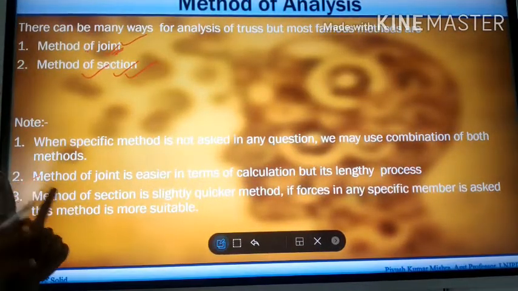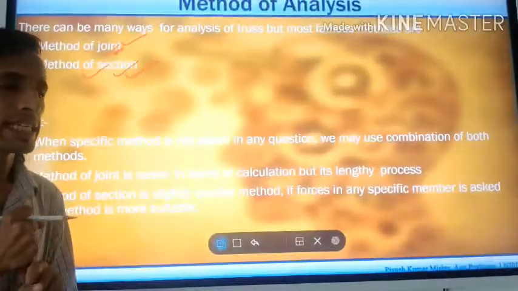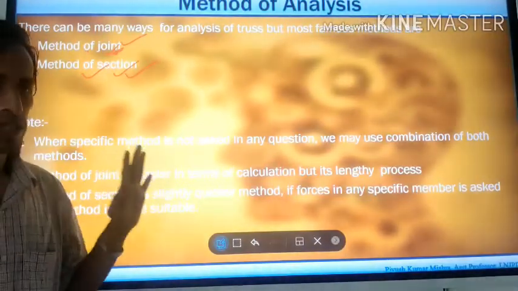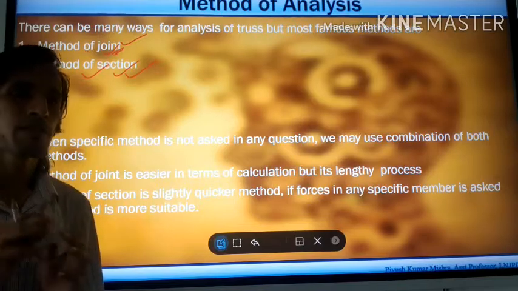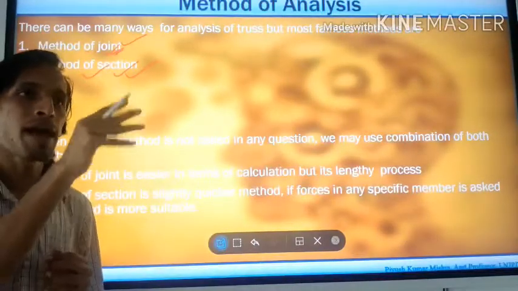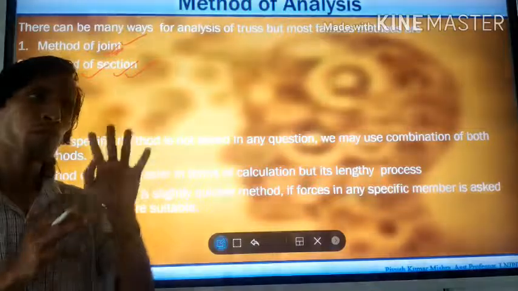Another importance is, suppose there is a whole truss and you want to know the value of force in any one member.